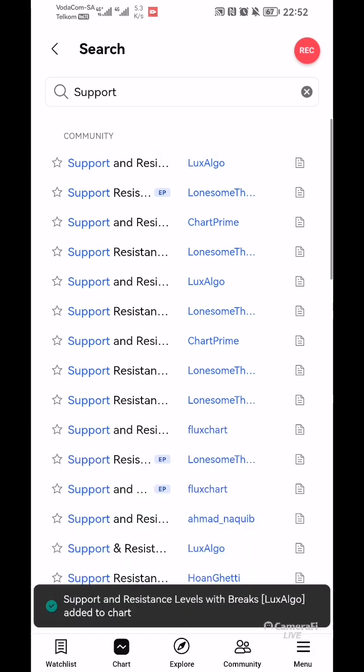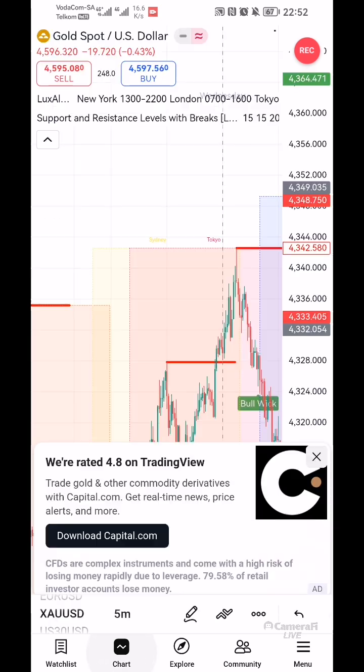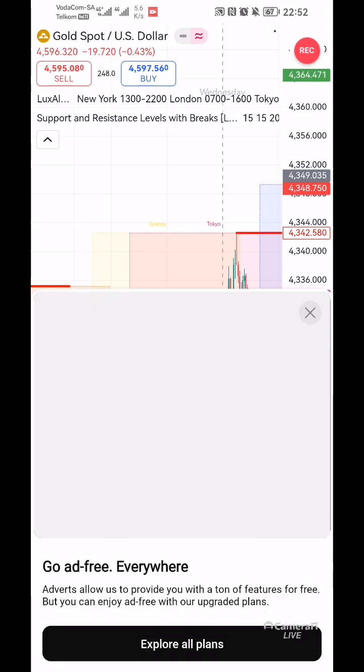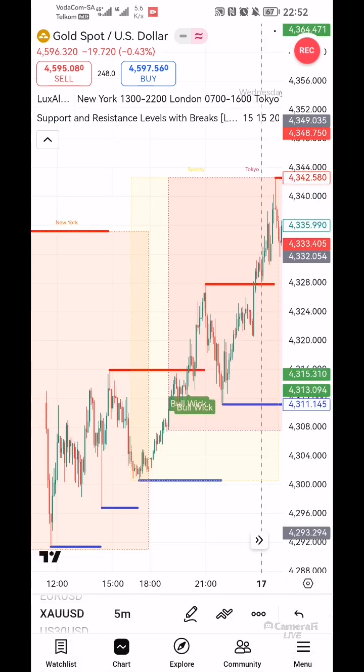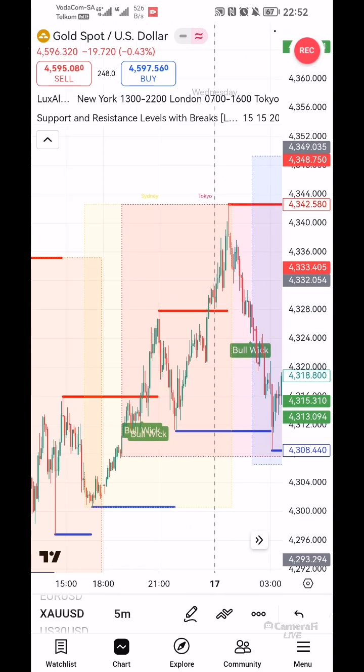So those are the two indicators that I'm gonna install on my charts. So yeah, let's go back to the charts and see the setup we have. Sorry for the ads, I'm using the free version.